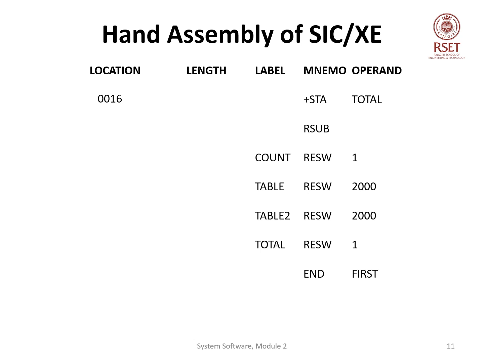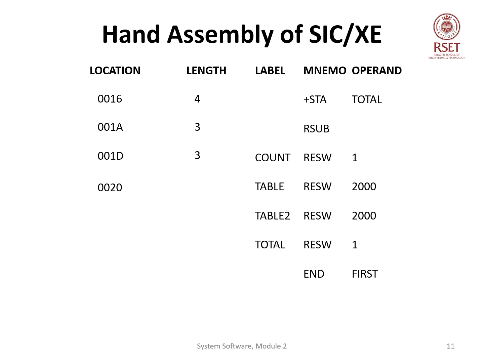Plus indicates format 4, so the length is 4. So 16 plus 4 is 1A instead of 20. Okay, now RSUB is a 3-byte instruction, and we add 3 to 1A, it makes the location counter 1D. Again, it is a 3-byte instruction, we add 3 to 1D, which makes it 0020.